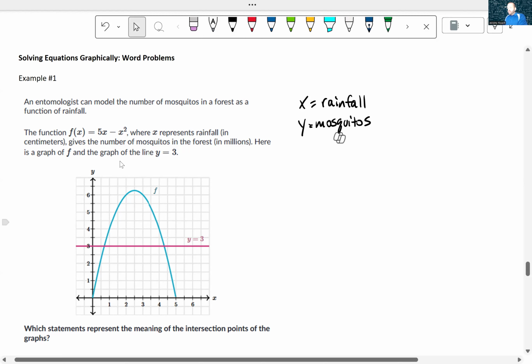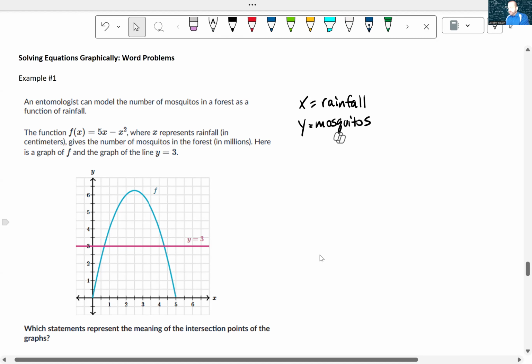Okay, so it says y equals 3 here. I'm thinking mosquitoes, it probably wouldn't make sense that there's 3 mosquitoes. And it says here the mosquitoes are in millions. So this means that at y equals 3, there's 3 million mosquitoes.